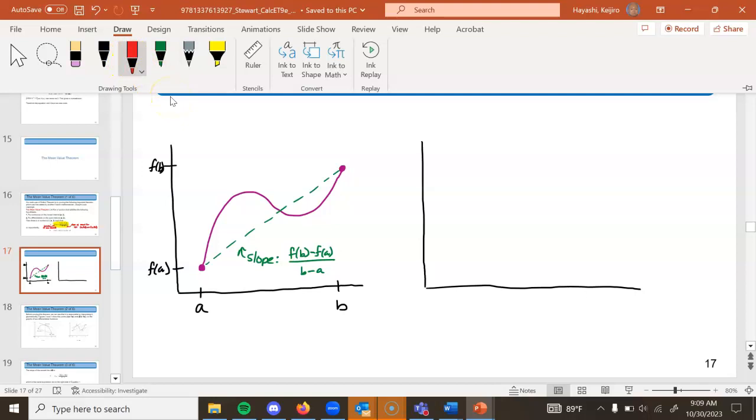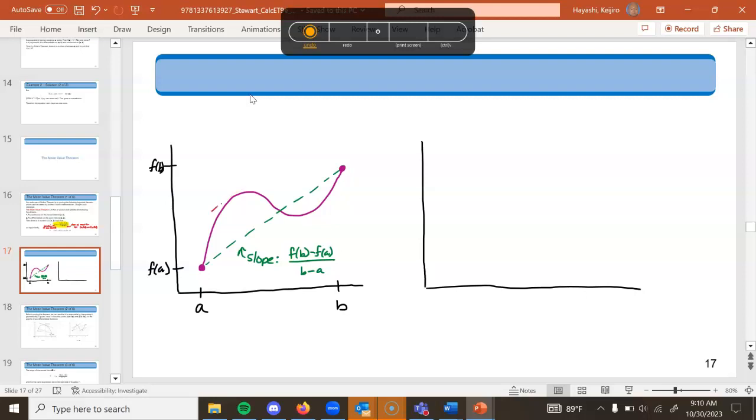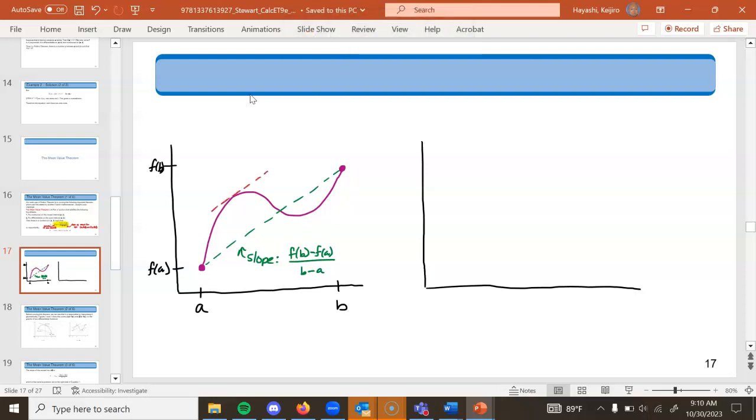And based on a quick visual inspection, there do appear to be two places on this interval where the derivative would be equal to the slope of this line. Somewhere over here, and somewhere over here.